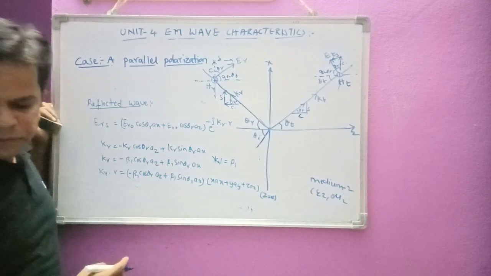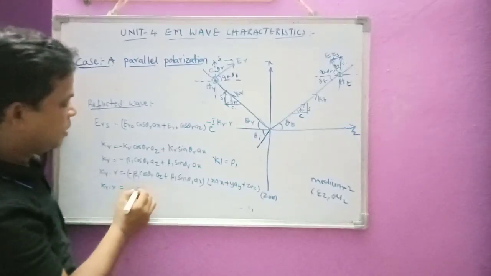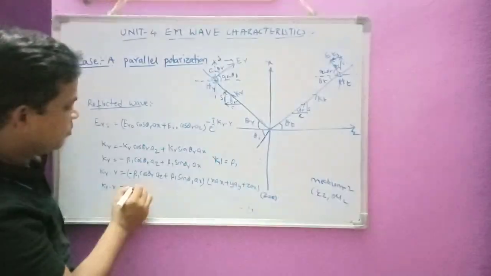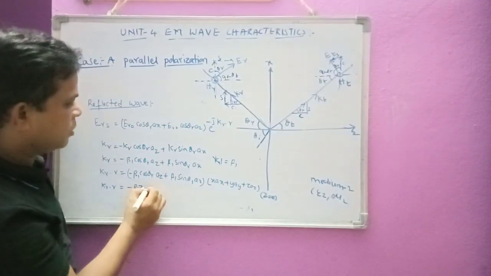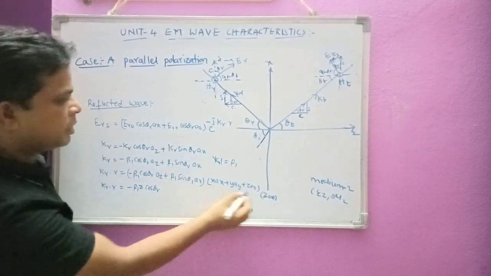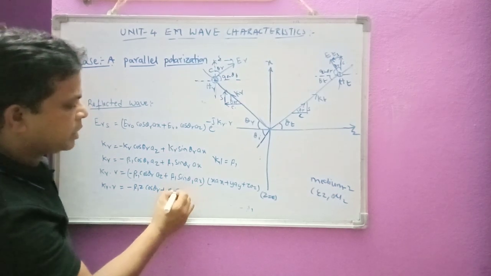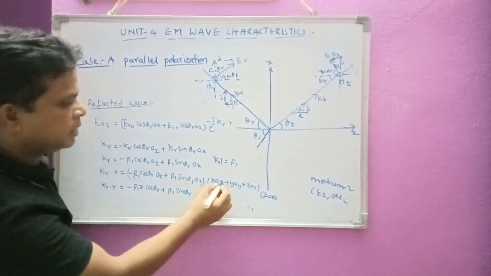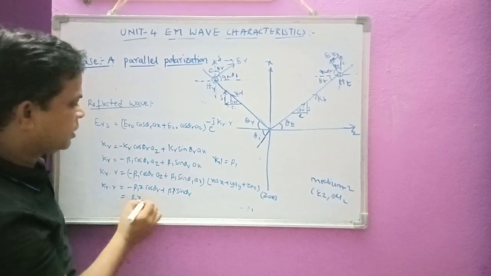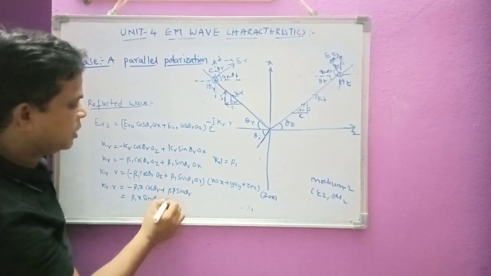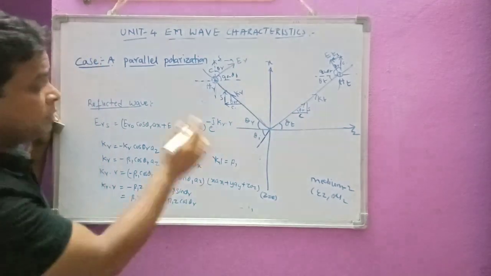So if I make the dot product, k_r dot r becomes minus β1 z cos θ_r, since a_z dot a_z is 1, and similarly plus β1 x sin θ_r. So I can write it as β1 x sin θ_r minus β1 z cos θ_r. Now I have got the value of this one also.